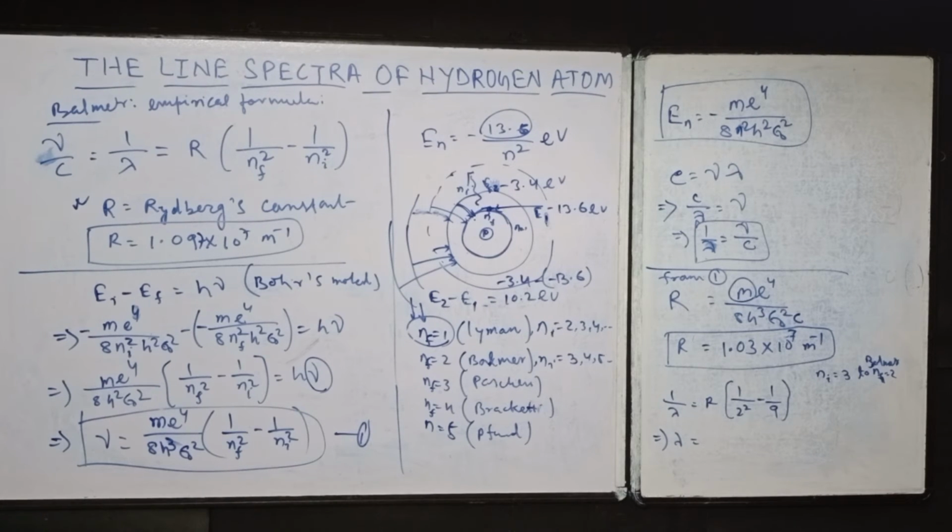You can do the calculation, I think I had done it. So for the Balmer series it will come up as 656 nanometer.